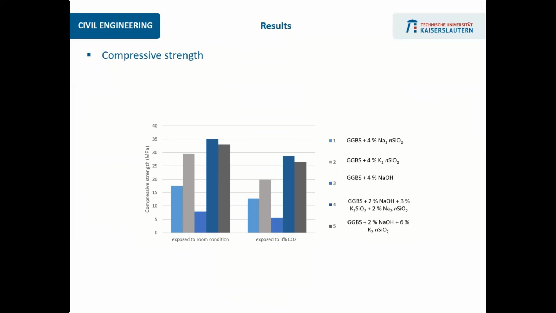By using a higher percentage of activators, the compressive strength reduction could be lower than in the specimens having a lower percentage of activators.